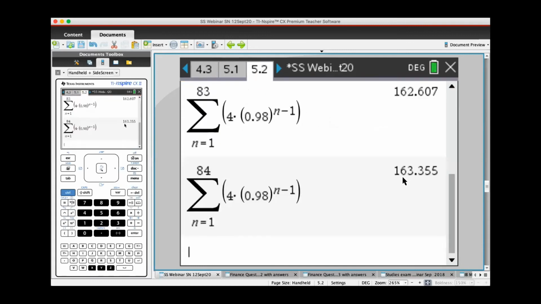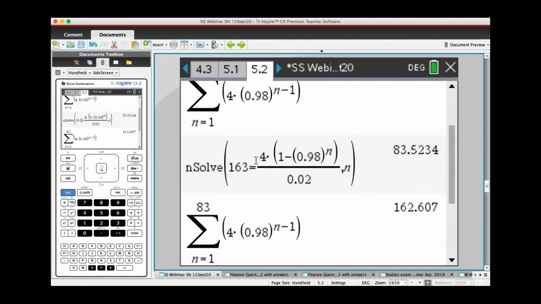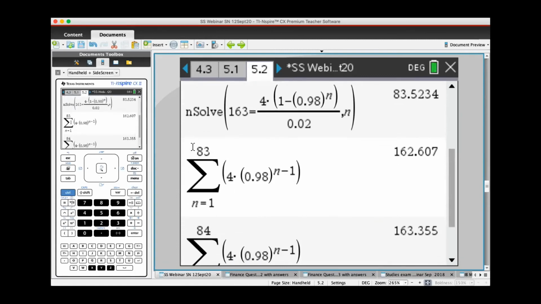If you see, I have used nsolve again, and I've used the sum formula because it says the sum of the first few terms. It's not an infinite, it's for the finite sequence, right? I use the formula, solve for n, and that is how I have gotten 83.5. Again, I want to show you that I plugged it back to see whether it is 83 or 84.